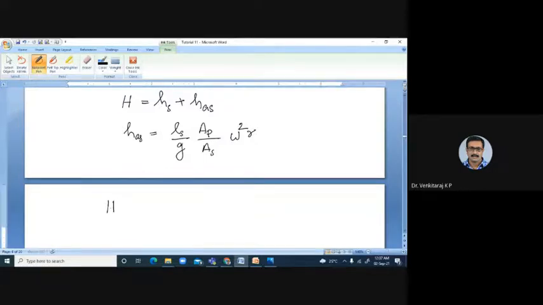So H is now equal to HS plus LS by G, AP by AS, omega square R.